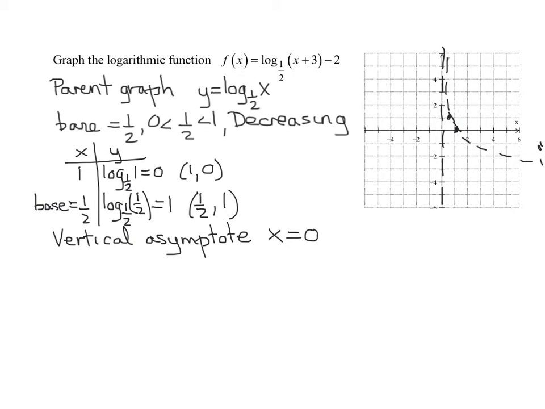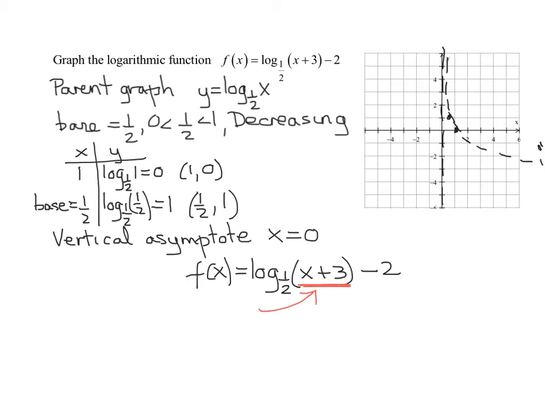So now I'm ready to tackle my function f of x. f of x is log to the base 1/2 of the quantity x plus 3, minus 2. So the x plus 3, what is that going to do to my graph?